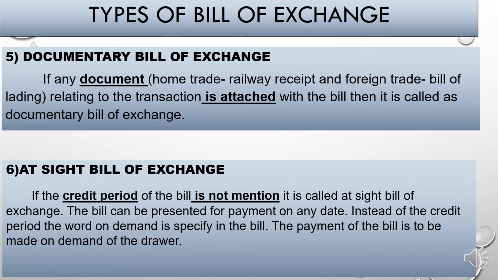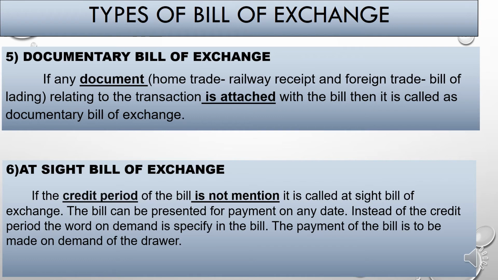Next point, at sight bill of exchange. Here, the credit period of the bill is not mentioned. Therefore, it is known as at sight bill of exchange. That means wherever we are drawing any bill, we mention the period, that is 30 days after, 3 months after, 90 days after.